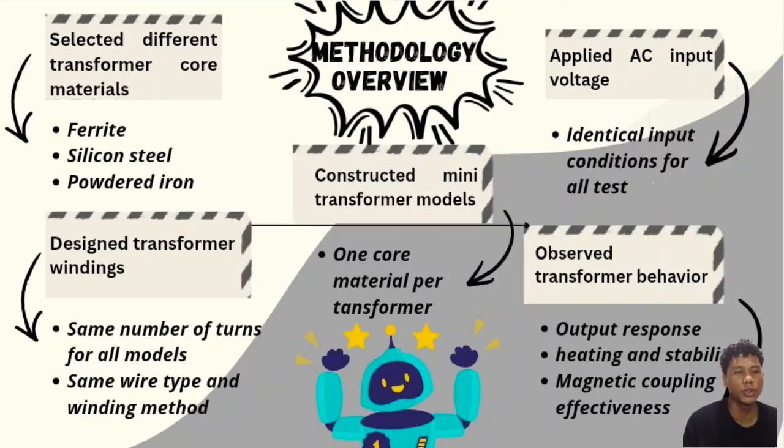For the methodology overview, we constructed mini transformer models, one core material per transformer. We selected different transformer core materials such as ferrite, silicon steel, and powdered iron. We designed the transformer windings with the same number of turns for all models, and the same wire type and winding method.